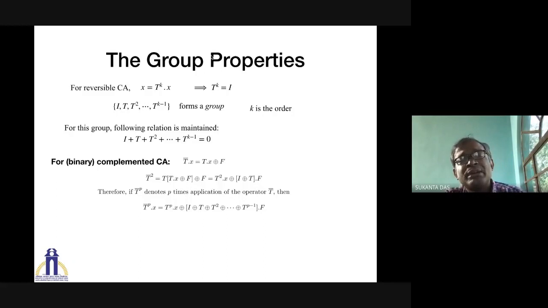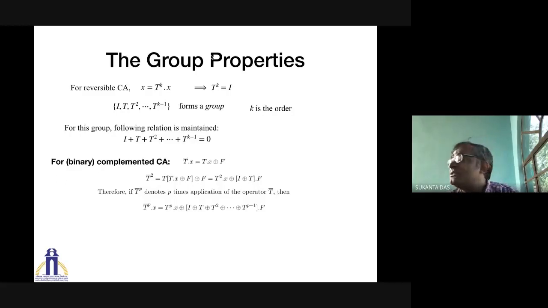So now we can get this relation: T bar X equal to T into X XOR F, right? Then T bar square is actually the next one. Now if I apply it P times, then what I will have?